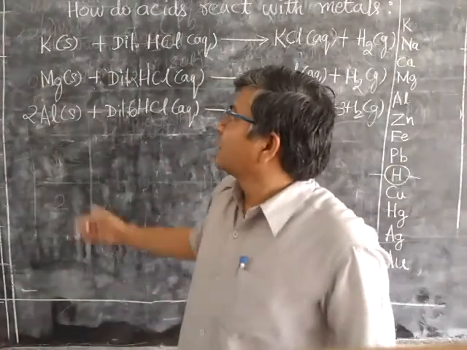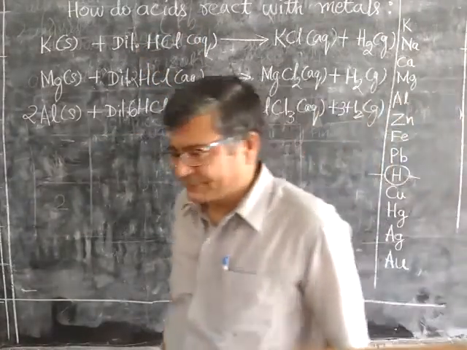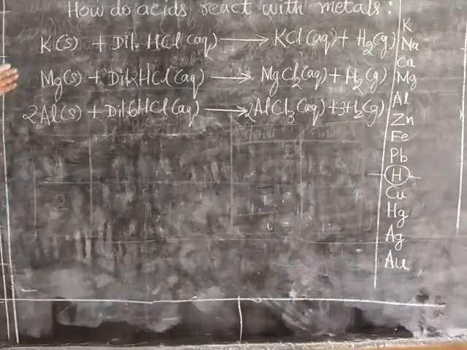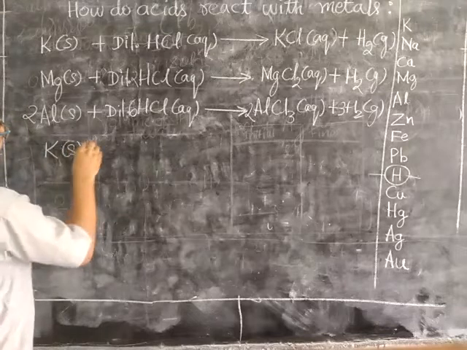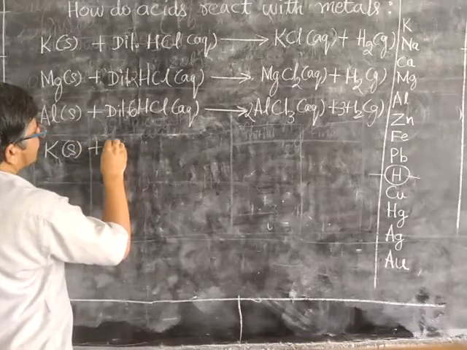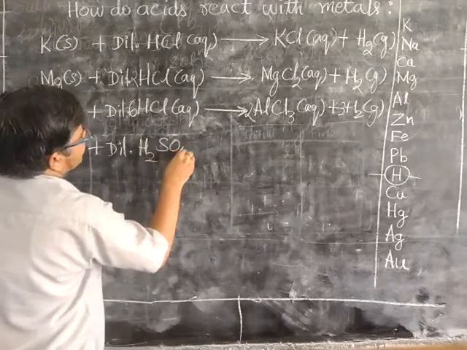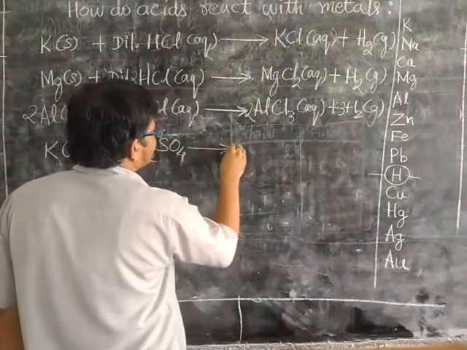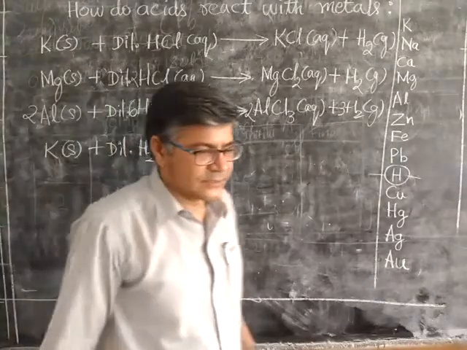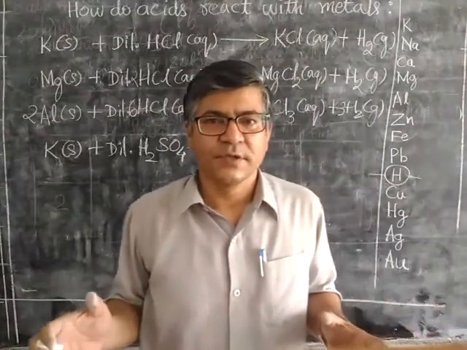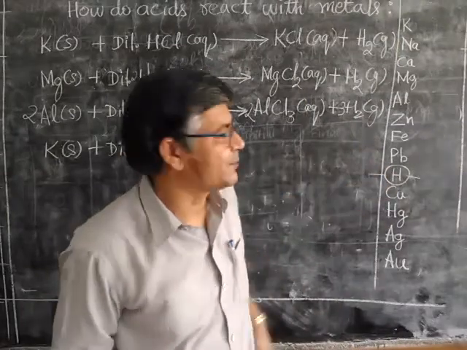Now let's react another acid. For example, if we are reacting potassium, again take potassium solid plus reacting with dilute H2SO4, sulfuric acid, and proceed further. Now will this reaction occur? Yes, it is going to occur because potassium is more reactive than hydrogen. It has to happen.